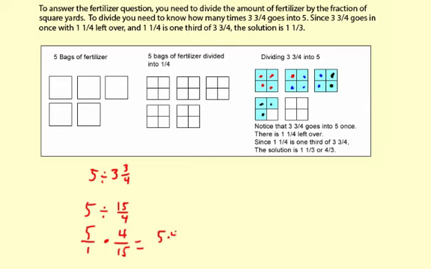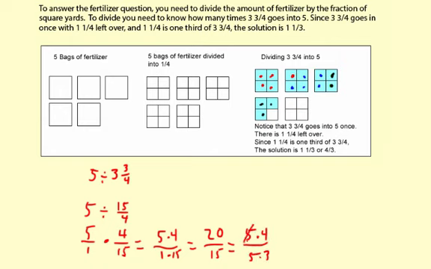5 times 4 over 1 times 15. So that's going to equal 20 over 15. Okay, so now I'm going to go ahead and simplify this fraction. I know 20 is 5 times 4, and 15 is 5 times 3.